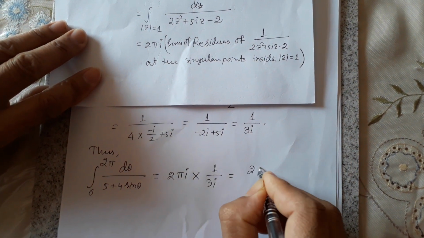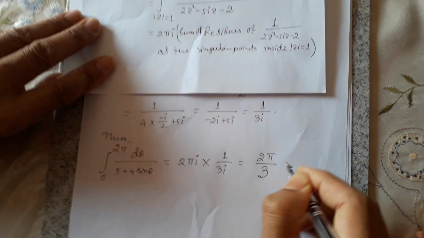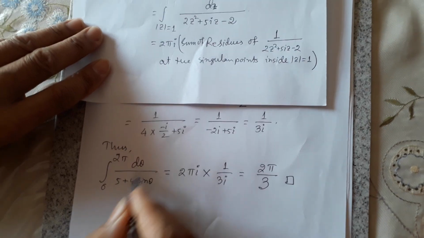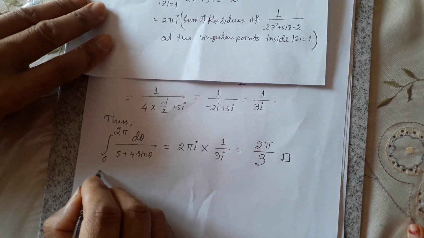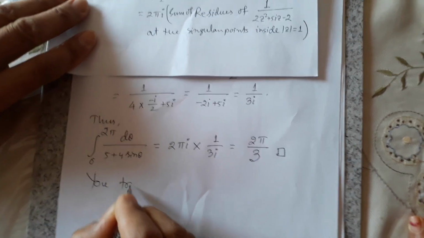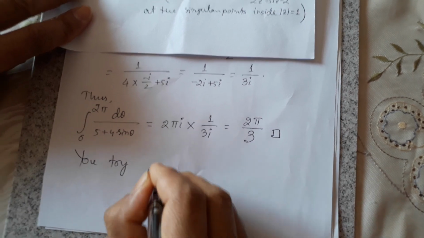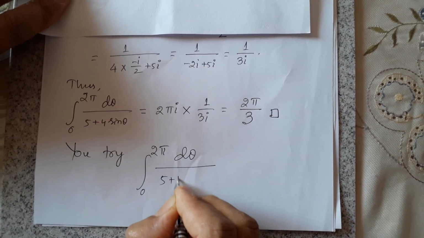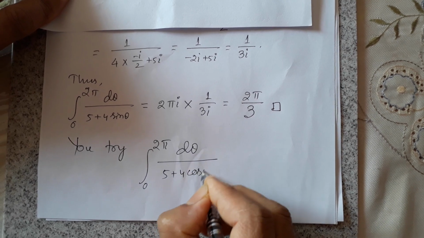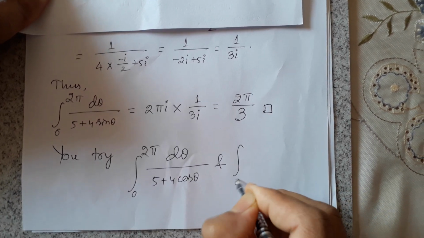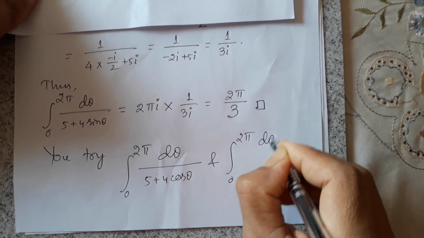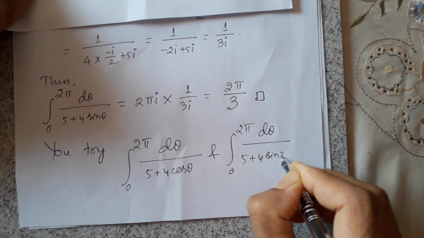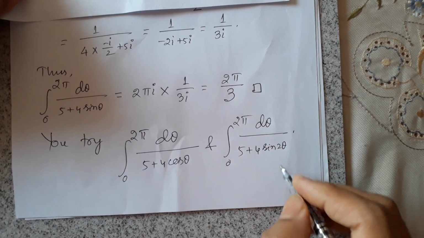So the value is twice pi by 3, which is the value of our definite integral. You can try the integral from 0 to twice pi of d theta over 5 plus 4 cos theta, and also d theta over 5 plus 4 sine twice theta. Okay, thank you.